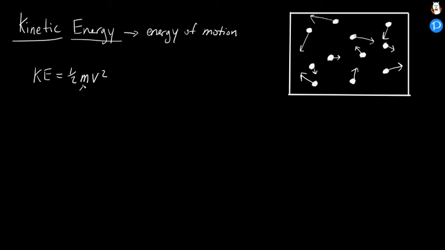So mass, meaning how much stuff we have, times the velocity. And so if I want to measure how much kinetic energy a specific particle has, what I need is its mass, and I need how fast it's moving in order to figure out how much kinetic energy an individual particle has.